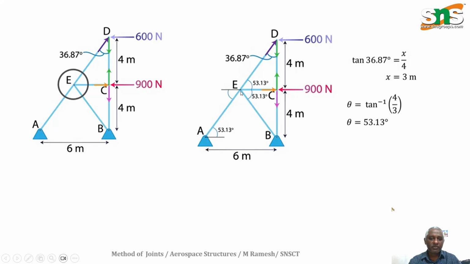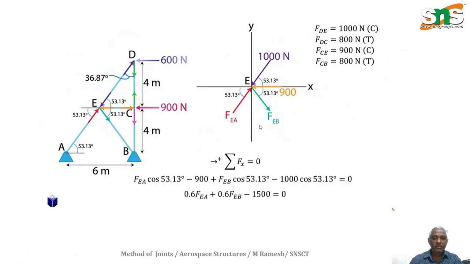So from this point we take the free body diagram. Just see, like that it comes. At E we have AE or EA and DE, that is 1000 Newton, found out earlier, and CE, this is 900 Newton, and EB is an unknown value, EA is an unknown value.